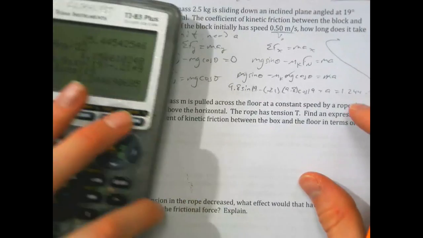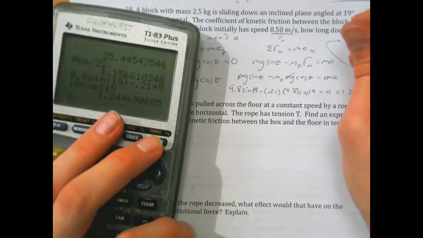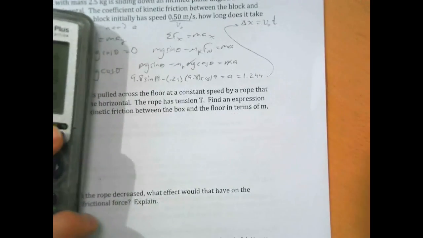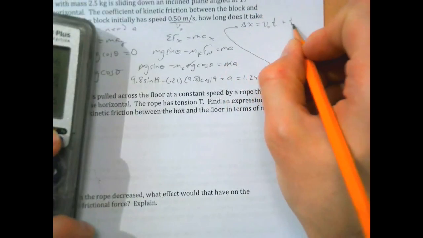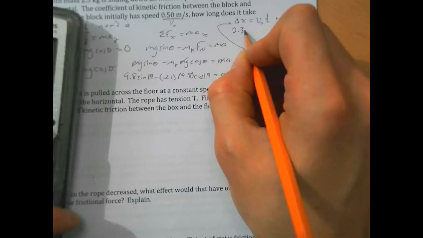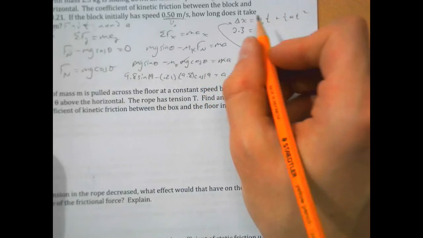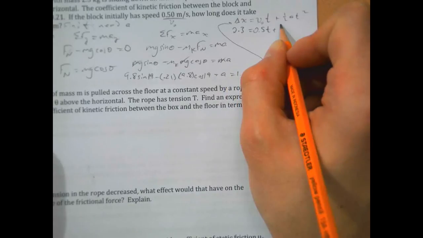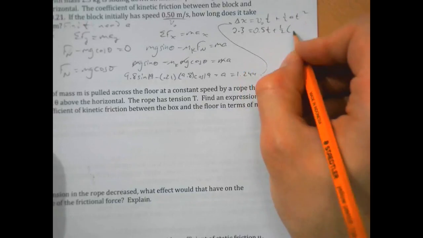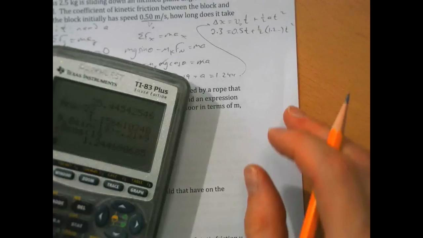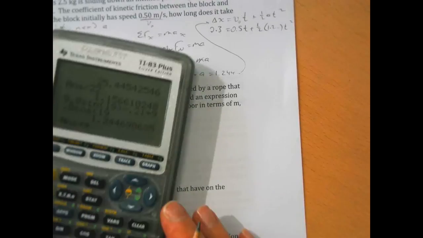We want to know how long it takes to travel 2.3 meters. We can use the time-dependent kinematic equation. We've got 2.3 meters. Initial speed is 0.5. One half that value we just got for acceleration times t squared. I'll store that as a.